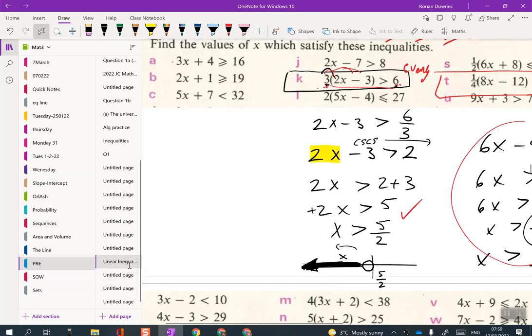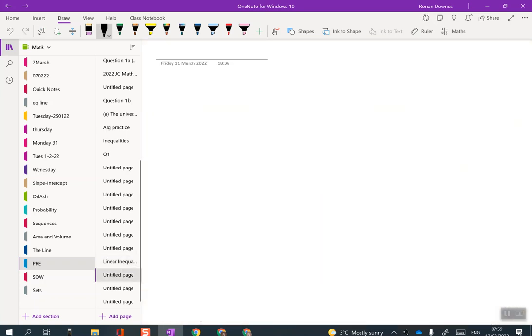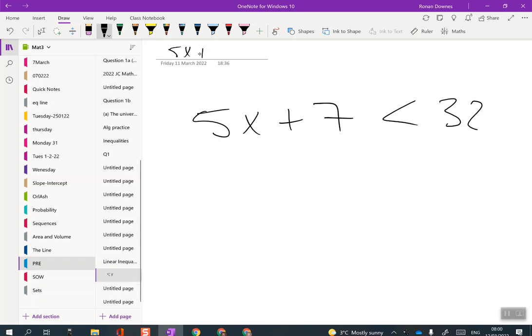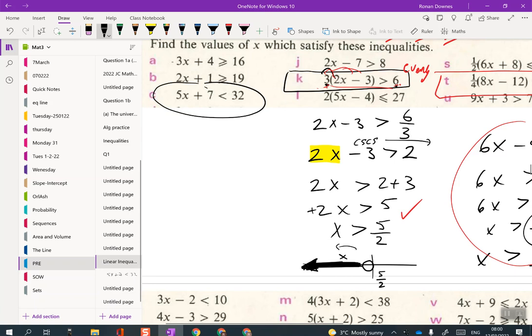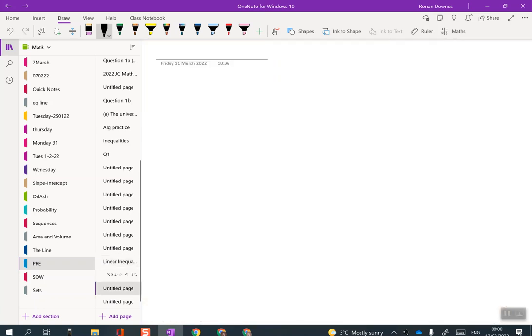Okay, we'll do C here, 5x plus 7 less than 32. And then we'll do 2 onto 5x minus 4 less than 27.